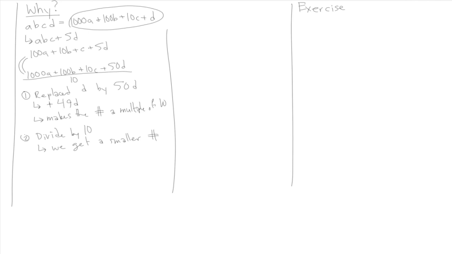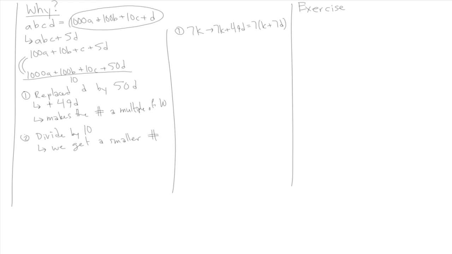So for the first step, we're adding 49D. So if the original number was divisible by 7, that means we could write it as 7 times k. And this turns into 7k plus 49D, which we can then factor out as 7 times k plus 7d.